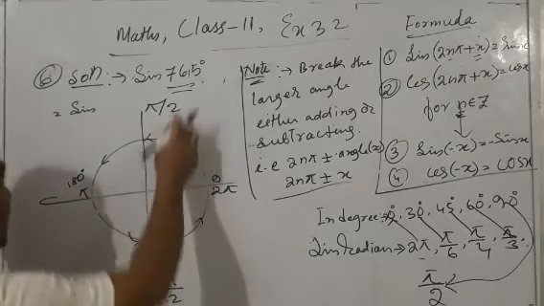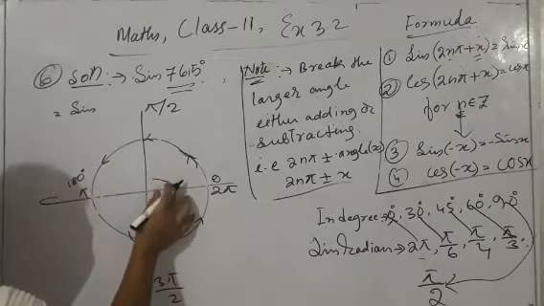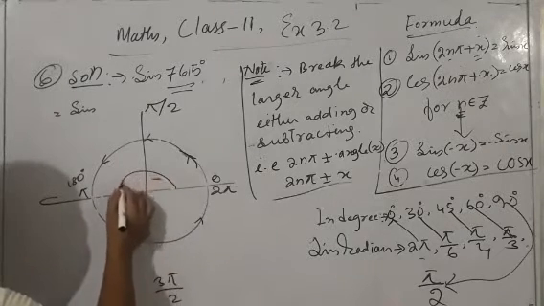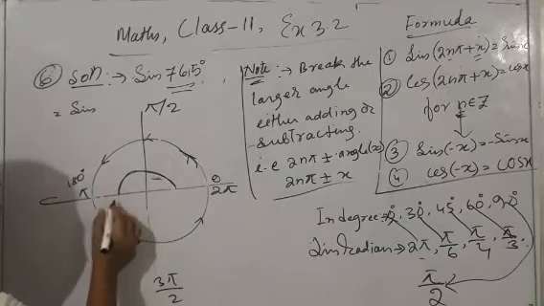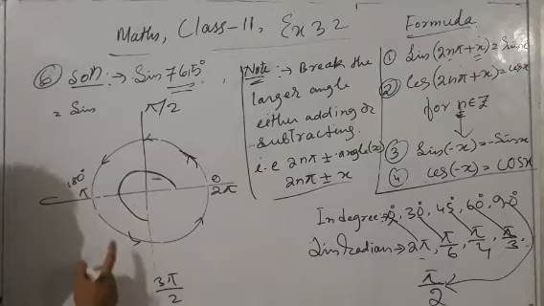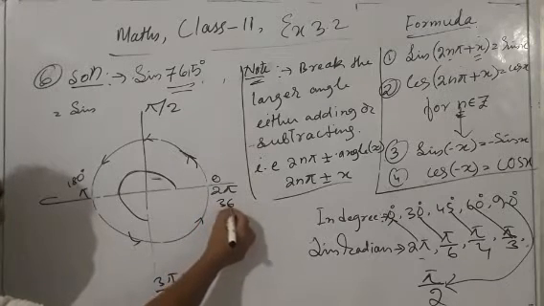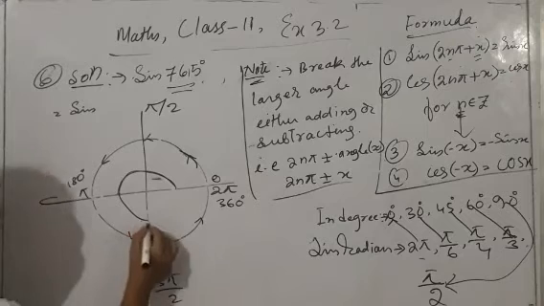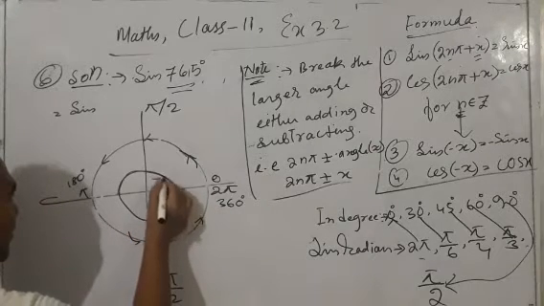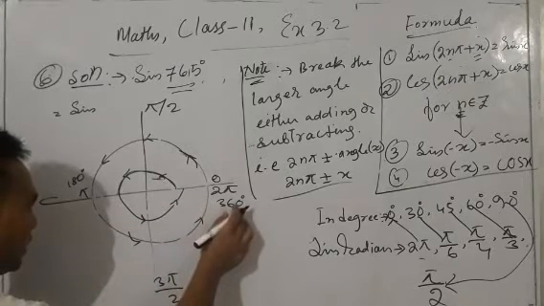Now you see, since it is 765 degree, up to here it is 180 plus 90, that is 270 degree, and this is 360 degree. From here to here became one complete rotation, that equals 360 degree.